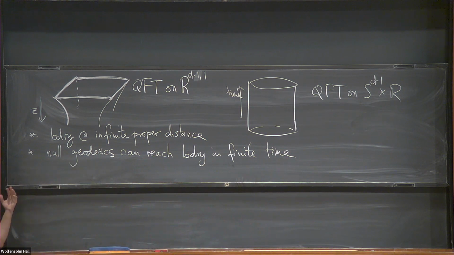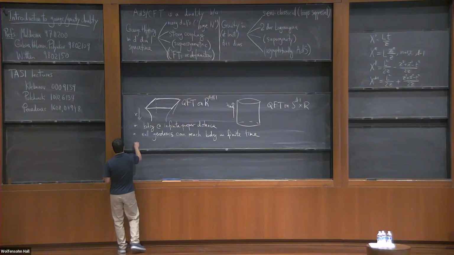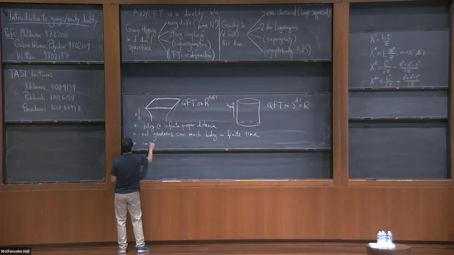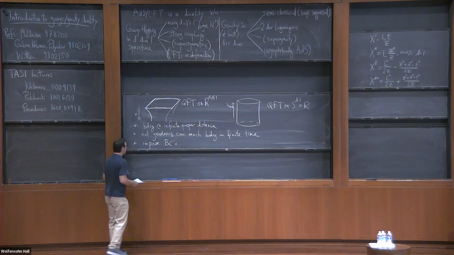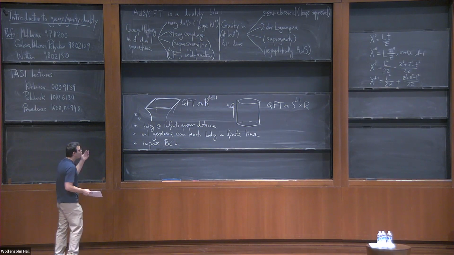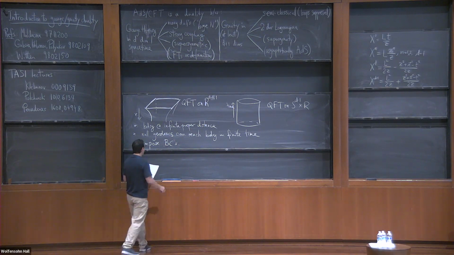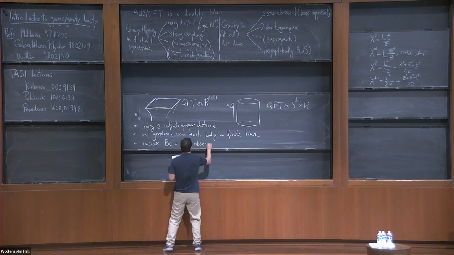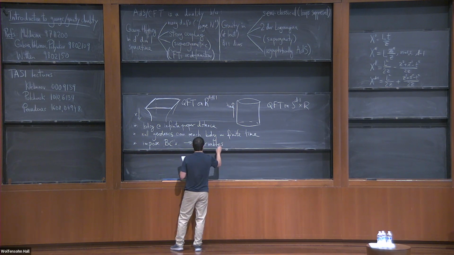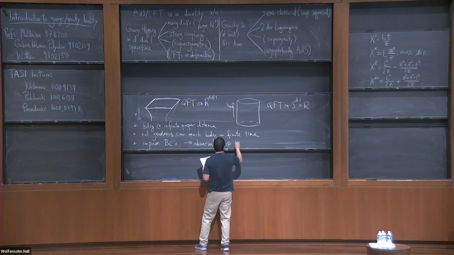And to study a theory like this, we have to impose boundary conditions at the boundary of the space. What that implies is that we can define a set of observables of this theory that are defined on the boundary.